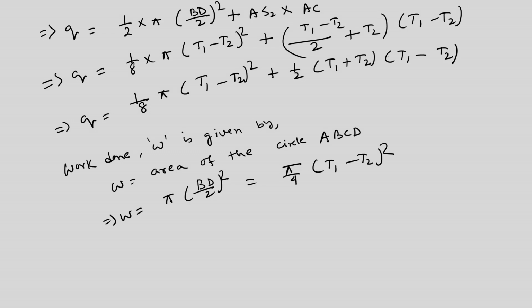So, the efficiency of the cycle ABCDA is given by eta is work output by heat input.